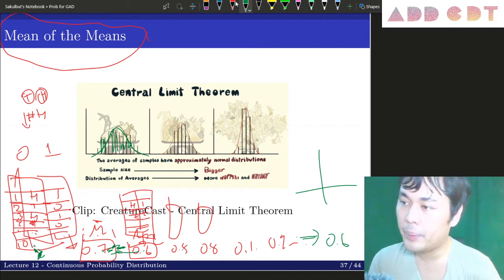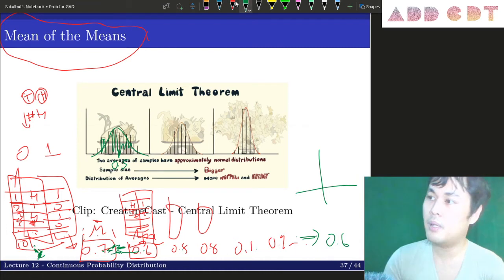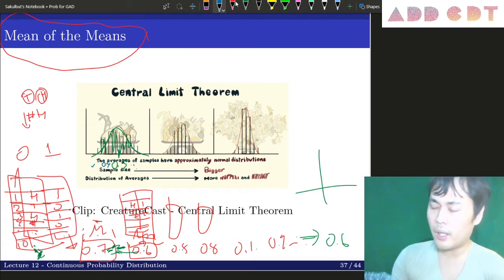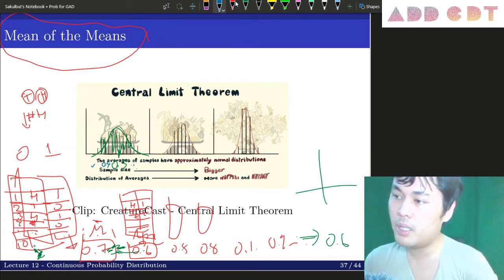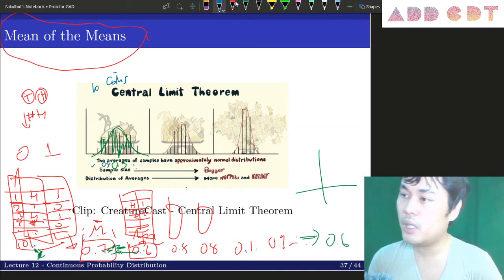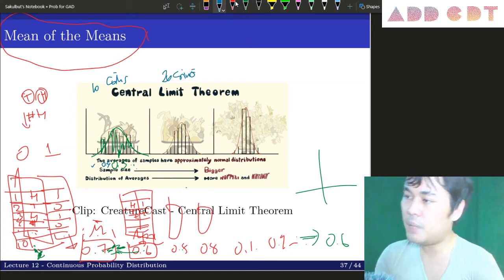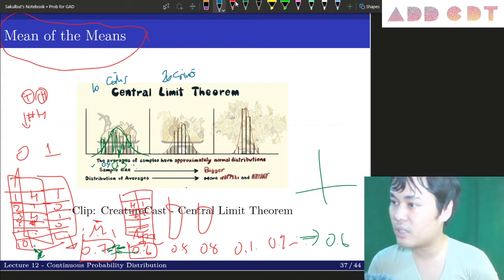The center is 0.5, which is the number we expect to see more often. You get some 0.4, some 0.3. So that's the mean of the means. This is when you use 10 coins. Let's say we increase that to 20 coins, or in this animation they use 20 rabbits.